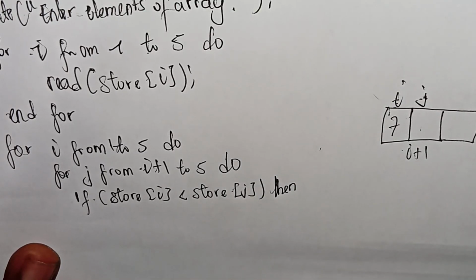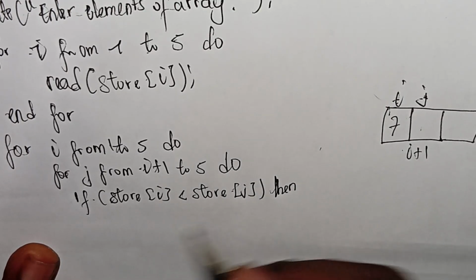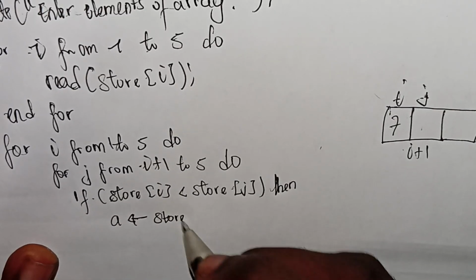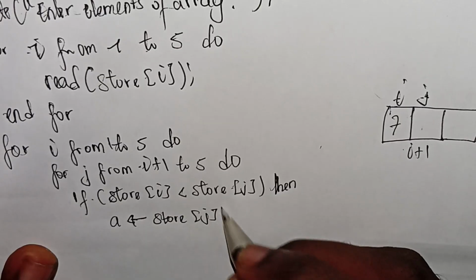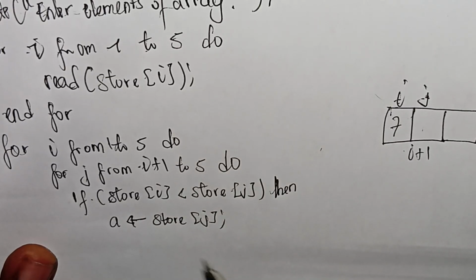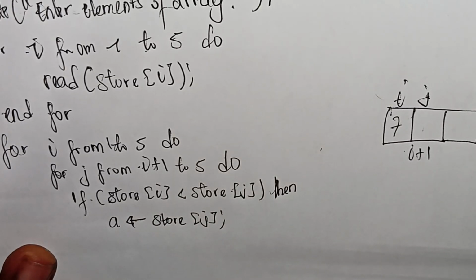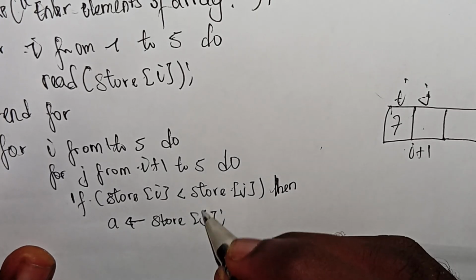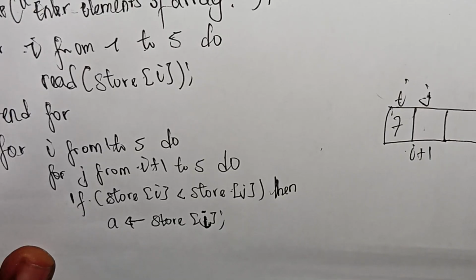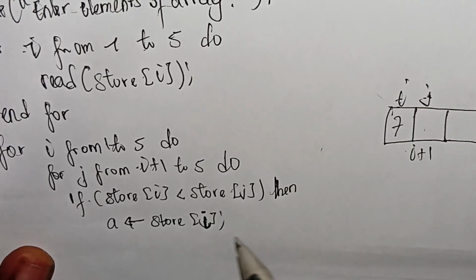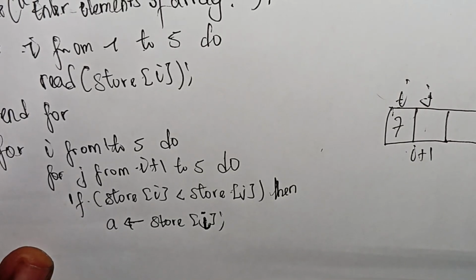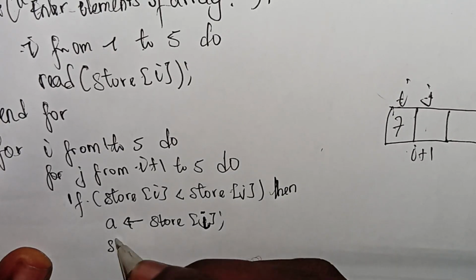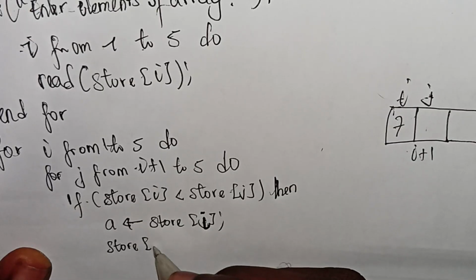Then we are going to set A to be equal to store at the index of I. So we are safe keeping this value and we are modifying the value. I'm sorry about that. We are safe keeping the value in the memory of I, and we are transferring the value at the memory of J to the memory of I. So we're going to say store at the index of who?